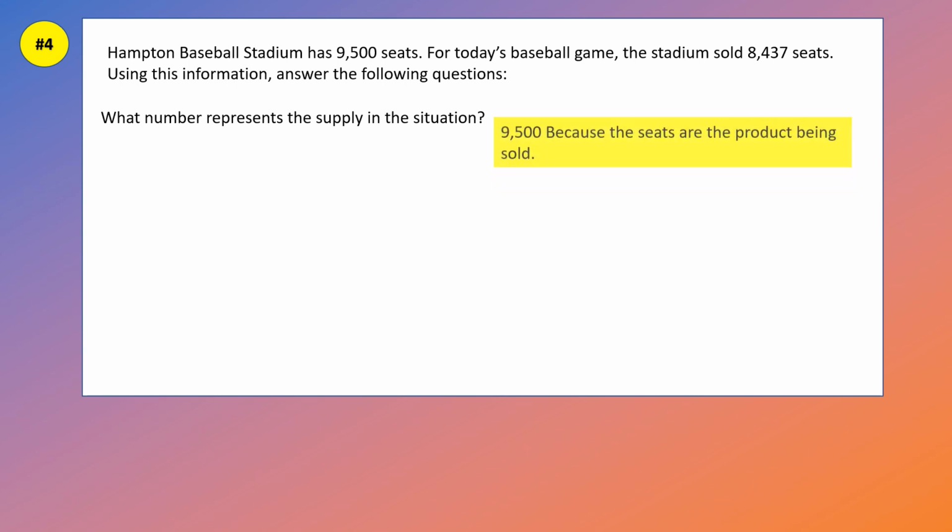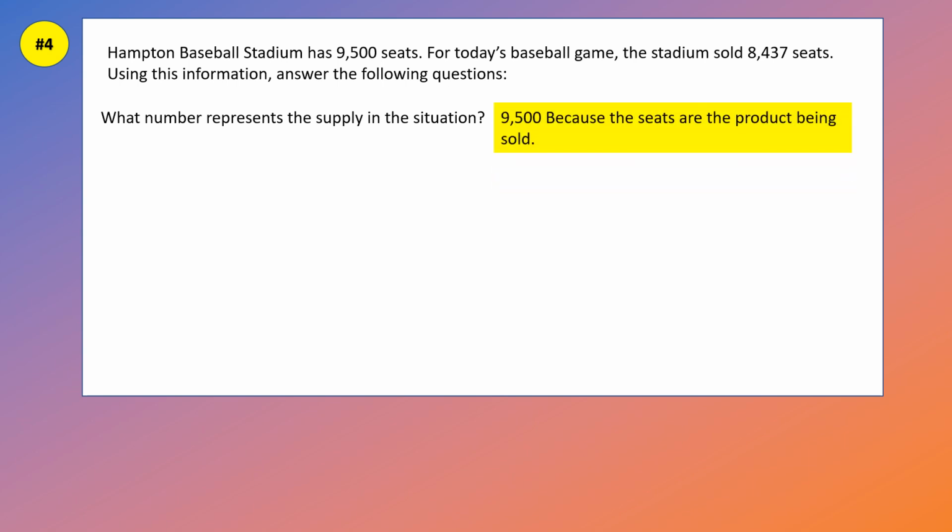That's right, 9,500, because the seats are the product being sold. Okay, so the whole stadium has 9,500 seats. They want to sell all of those seats. The next question asks, what number represents the demand in the situation? So demand is what people want, you know? How many people want this thing?